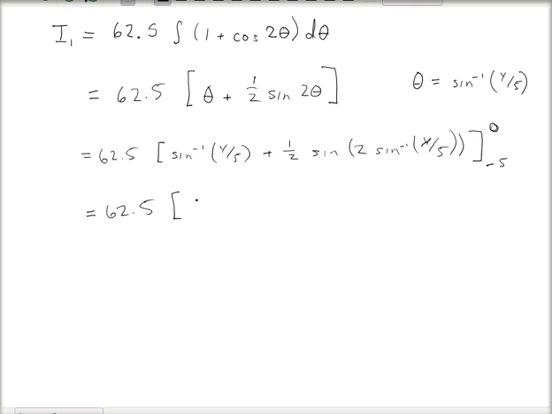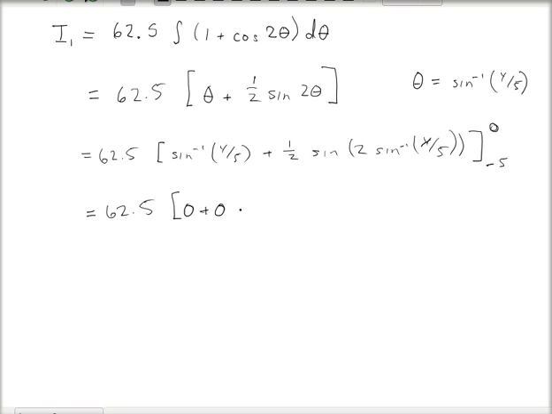So if I plug in 0 in here, I'm going to get inverse sine of 0, which is just 0 for that first term. And then if I plug in 0 in here, again, inverse sine of 0 is 0. 2 times 0 is 0. And then sine of 0 is 0, so I get another 0 there. Now let's plug in our -5.